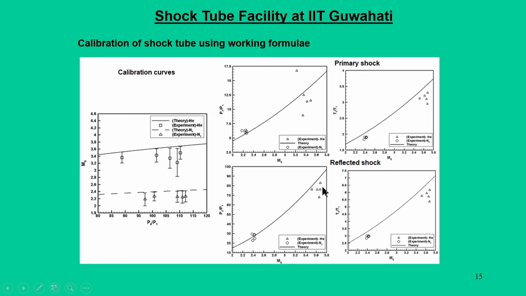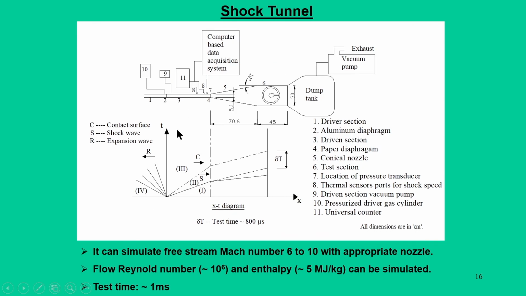If they are close to each other, then we can say our shock tube is ready for experiments. Here we also put error bars to show how accurately we are achieving the theoretical or analytical values. This process is called calibration of the shock tube using the standard working formulae.